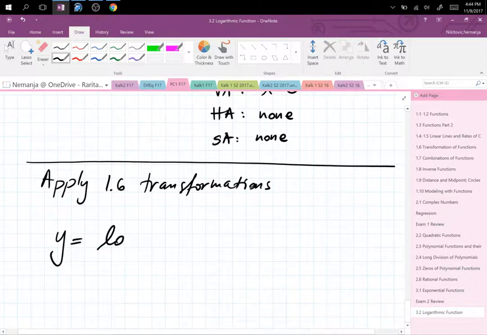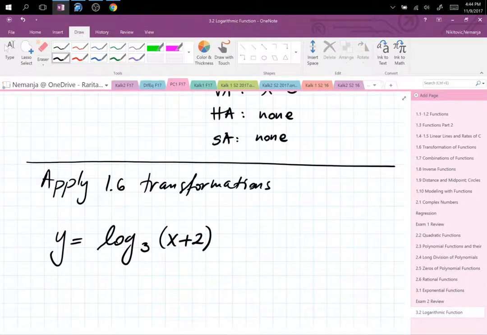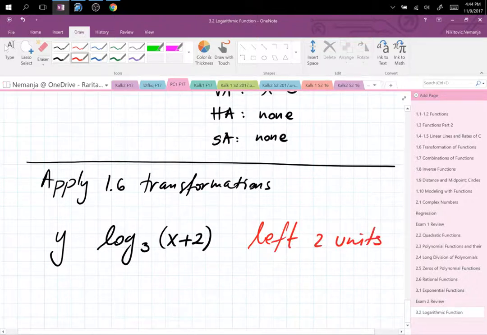Y equals log base 3 of x plus 2. Looking at the formula, what kind of a shift is this? X plus 2. Very good. Left 2 units. Nice.